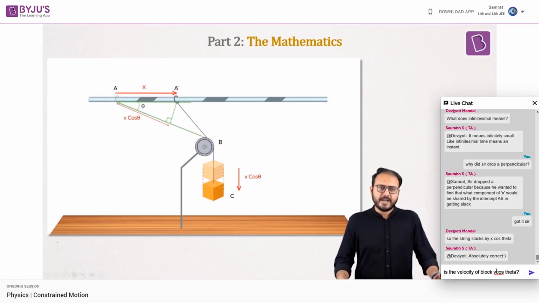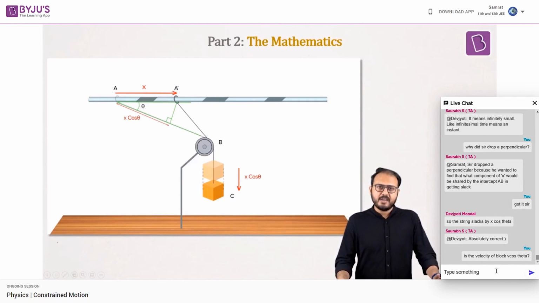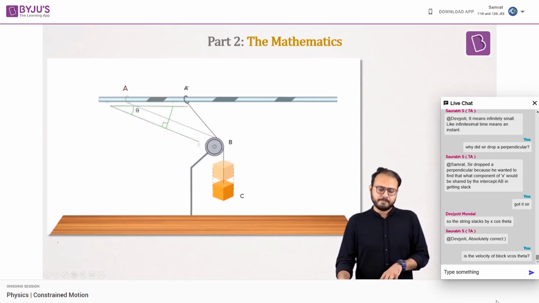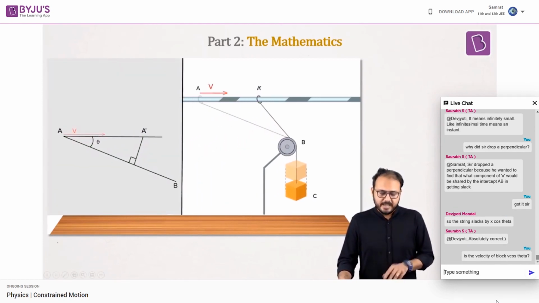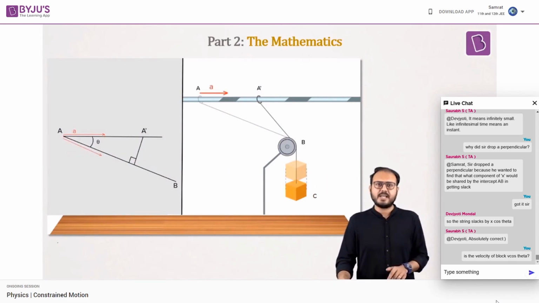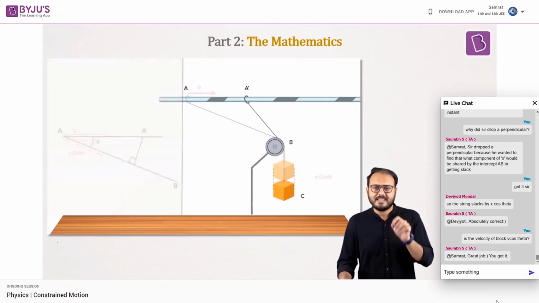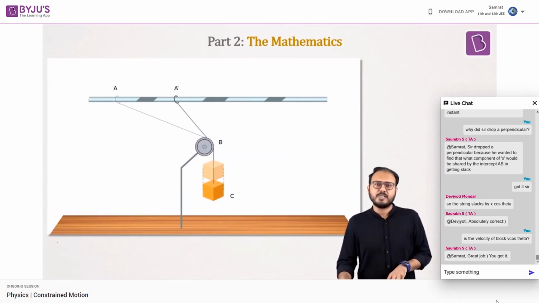A went right by x, the string got slack by x cos theta, and C went down by the same amount x cos theta. Similarly, if A moves right with velocity v, C will also move down with velocity v cos theta. If A goes right with acceleration a, in the same league, C goes down with acceleration a cos theta. And that, my friends, is the magic of constrained motion.